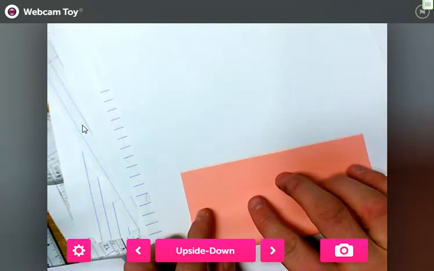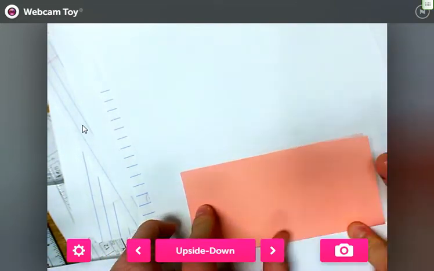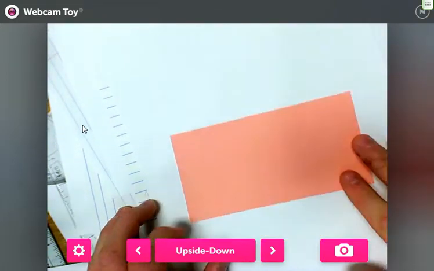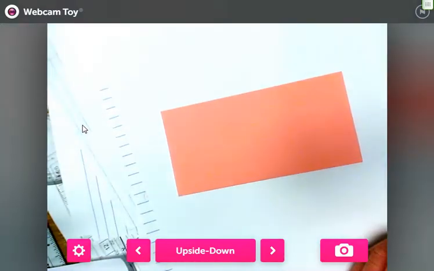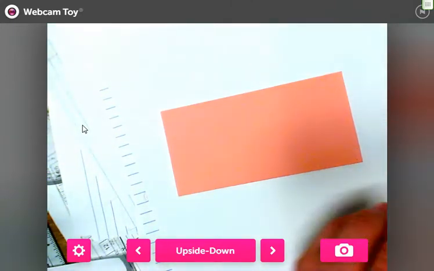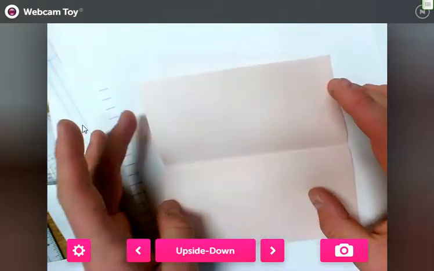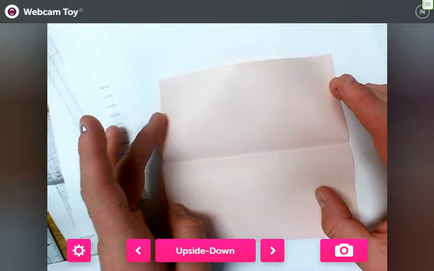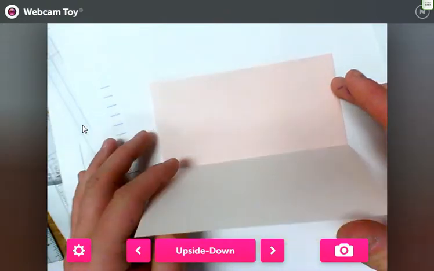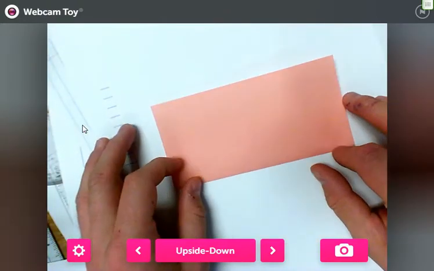Now you see the colors on the outside, and you have this half folded piece of paper. Everybody should have it folded in half. So we started with the colored side down, and then we folded it in half, so now the color's on the outside.